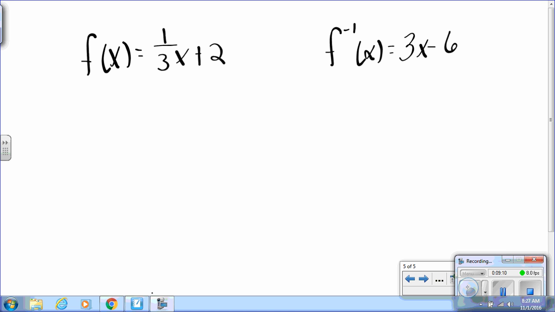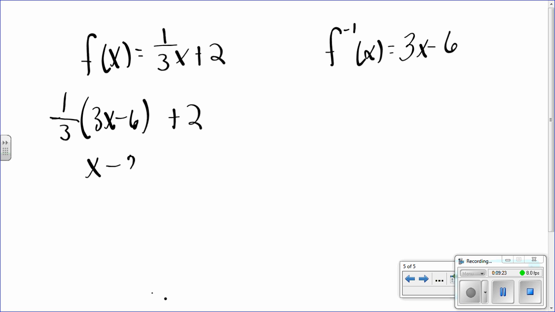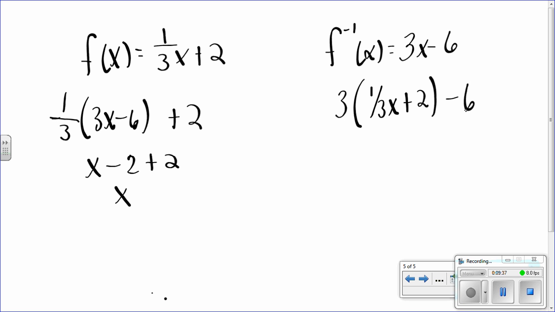Sorry. 1/3 times 3x minus 6 plus 2. 1/3 times 3 is 1. 1/3 times 6 is -2. -2 plus 2 is x. Then over here I'm going to go the other way with it. 3 times 1/3 x plus 2 minus 6. X plus 6 minus 6 is x.